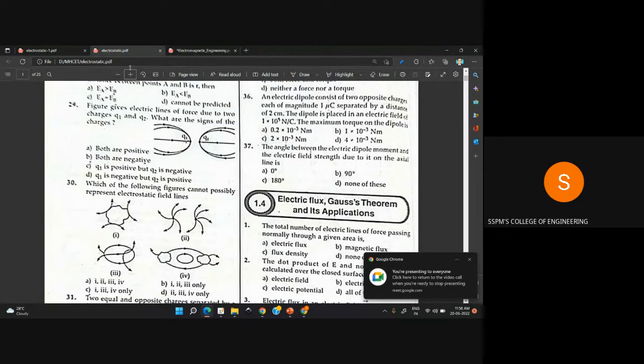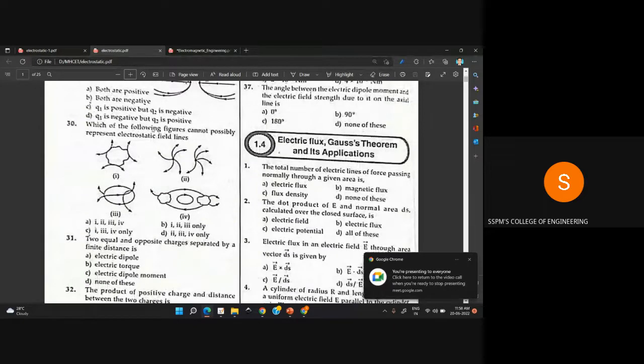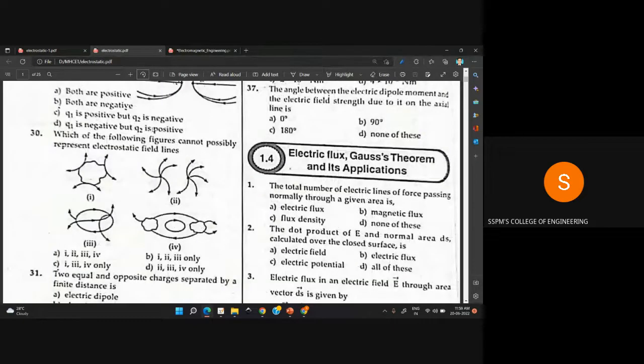So look at this question. Question number 3. Which of the following figures cannot possibly represent an electrostatic field? Isn't it? So four options are given.